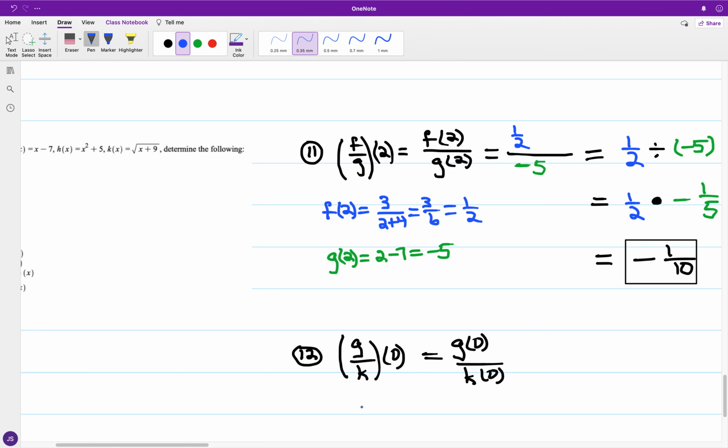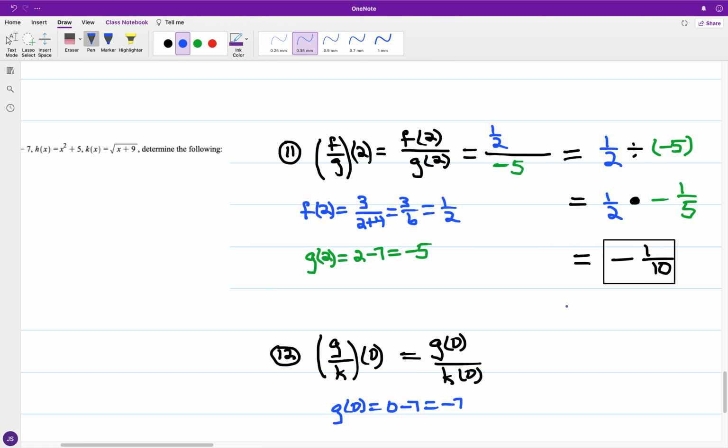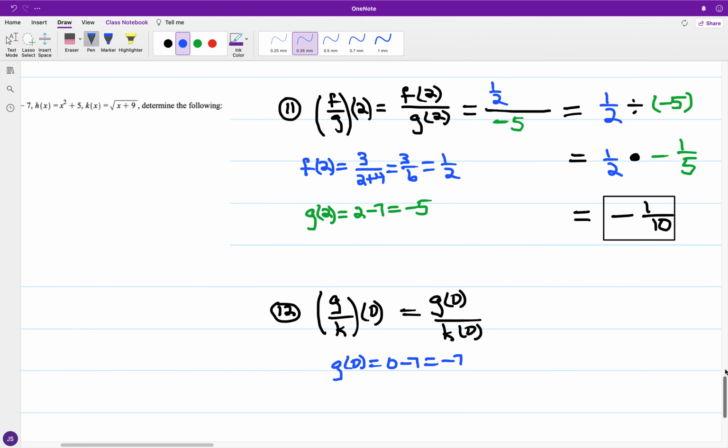Okay, so with g of 0, we have 0 minus 7, which is negative 7. And for k of 0, we're looking at k of x is equal to the square root of x plus 9.